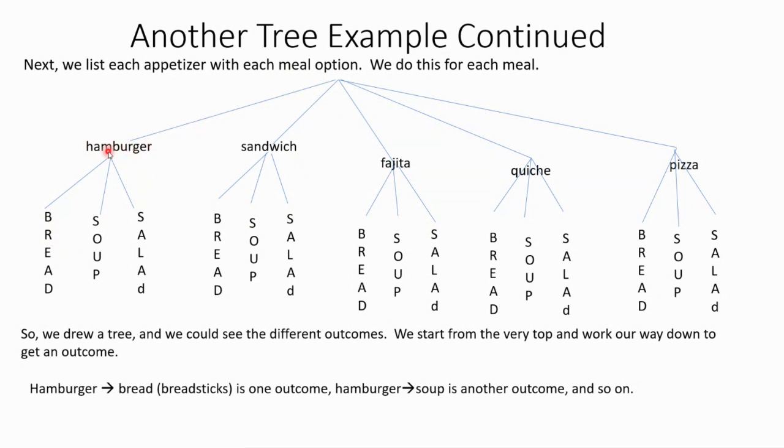You can have a hamburger, then soup, or a hamburger, then salad. Or you could go down another path, sandwich down to breadsticks, sandwich down to soup, and so on and so forth. You keep on doing this, and each path you take gives you an outcome, as I have written here.